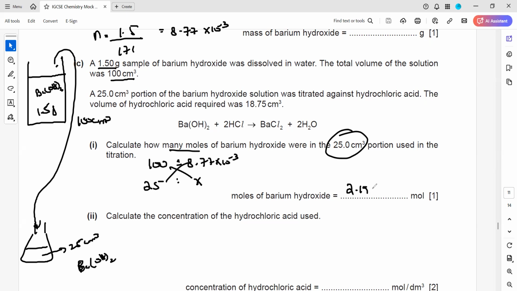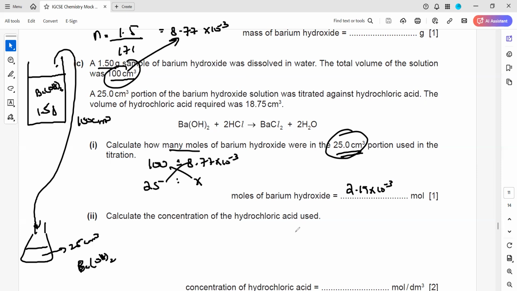So we got 2.19 exponent minus 3. That's how we got the moles in 25. Is it clear? We have to take a ratio, cross multiplication. In moles questions, if you cannot use a formula, because here when I use a formula, I can only get 100, but I need 25. So definitely I have to take a ratio.